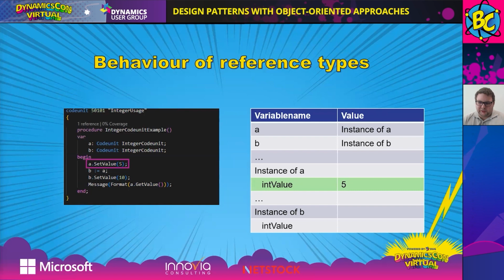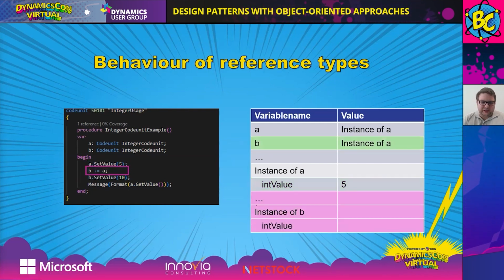First of all, we see A and B now pointing to instances. The instance value of A is 5. When we now assign the second variable to the first variable, the instance of the second variable is deleted by the garbage collector because now it's garbage. It isn't needed anymore.